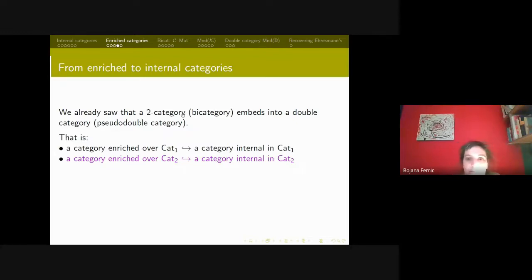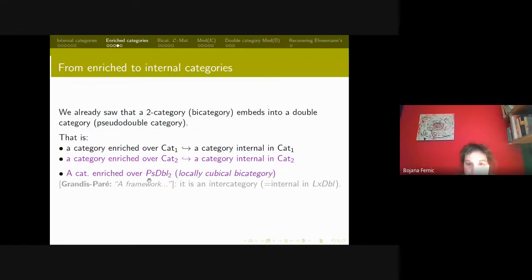So this is for this bicategory embeds into a pseudo double category. Stated in other terms, a category enriched over Cat2 that we just saw, which is a bicategory, embeds into a category internal in Cat2 that we saw in the previous class is a pseudo double category.